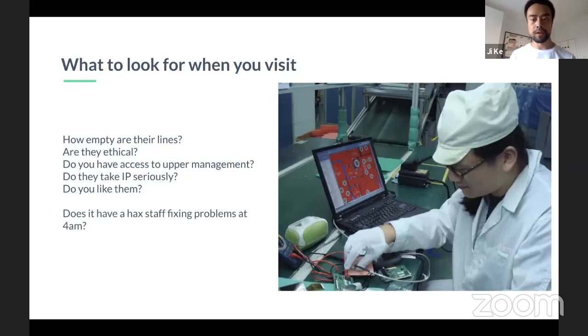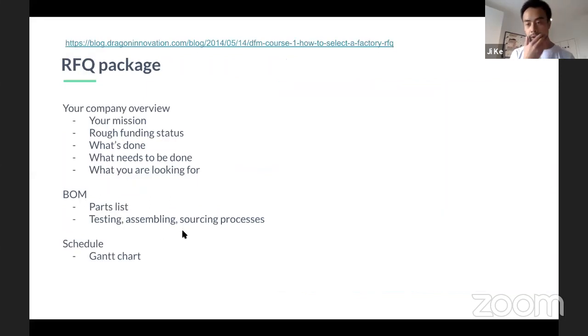Cool. All right. So when you're ready to produce, when you're ready to start looking for a factory, one of the things you want to do is an RFQ package. An RFQ package usually happens when your CAD is at a level that's ready to produce the first look-alike prototype.